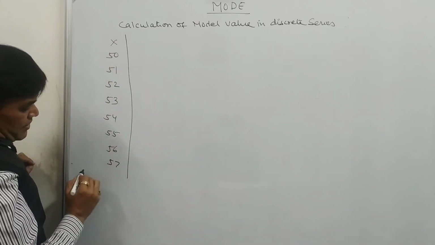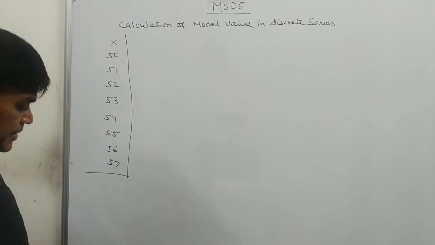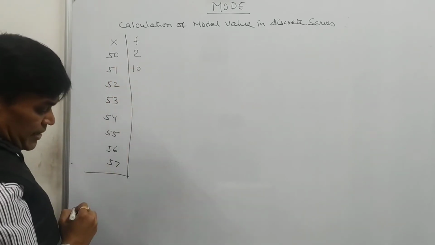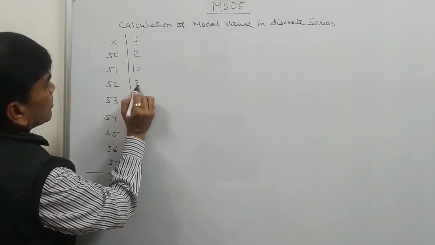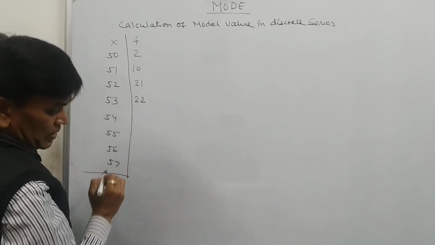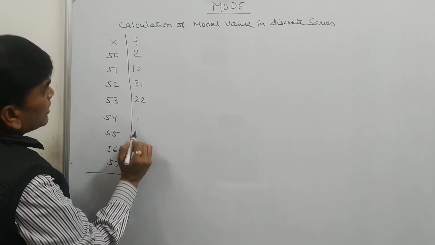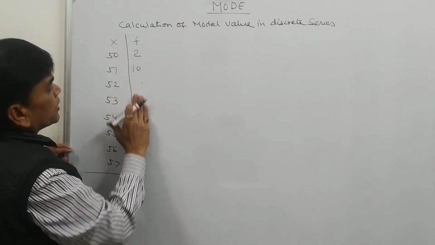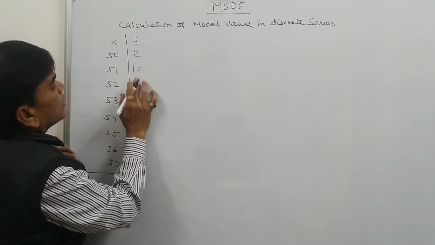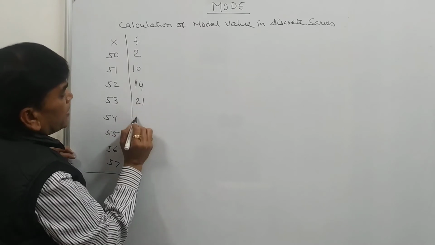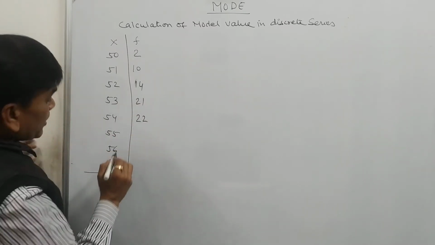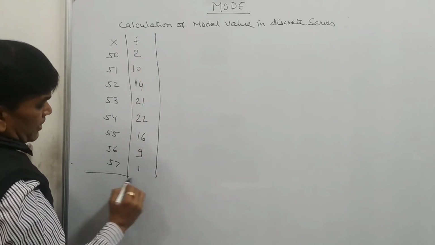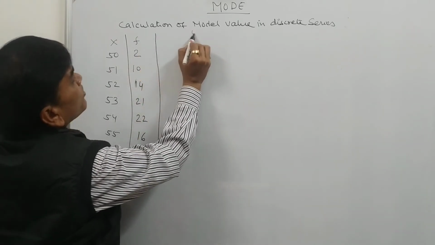I am taking the frequencies as, suppose, 10, then 14, 21, then 22, then 16, then 9, then 1. Suppose these are the frequencies, and we are to calculate the modal value using grouping.